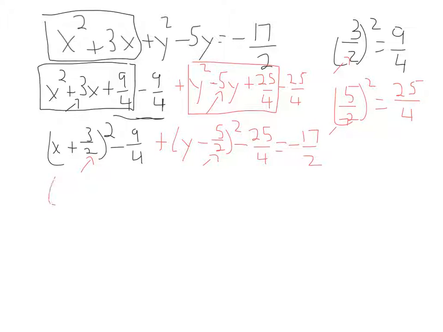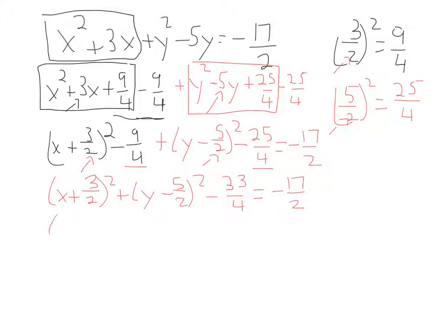So it looks like we're heading for the equation of a circle here. We have x plus 3 halves squared plus y minus 5 halves squared. And then we have minus 9/4 and minus 25/4. So that's minus 33/4. And on the other side equals negative 17 over 2.